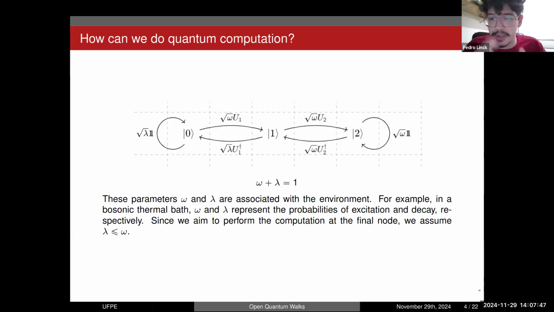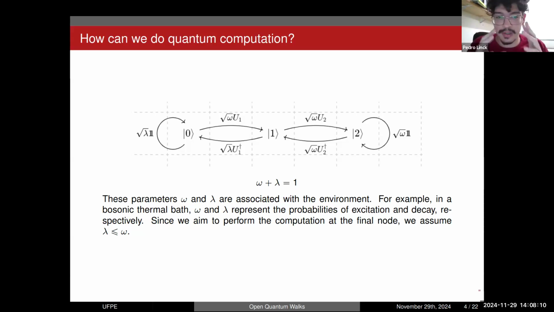Essentially, you can jump left or right, and after you jump, you have your state changed by a unitary, for example. The first unitary, the second unitary, you can have a lot of unitaries. You can see this like, for example, an atom with a lot of levels, and you can jump.